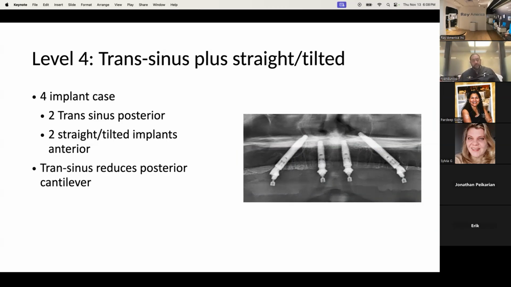But if you do, and you can get your implant to engage those 4 cortical plates, you will have outstanding insertion torque, and you can use those implants right away. This, as I mentioned, can greatly increase your AP spread. As you can see here, if I was completely in front of the sinus, I would have very close implants on the right side. But now I have really nicely spread out implants for this case.